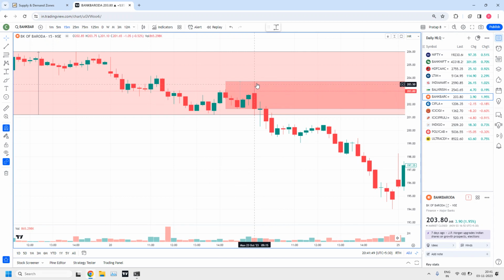That means your 15 minutes supply zone and 5 minutes supply zone are almost same. But this leg out is not convincing at 15 minutes. At 75 minutes it is convincing because this one and the next one together created a big drop candle. But at 15 minutes it is not convincing properly.